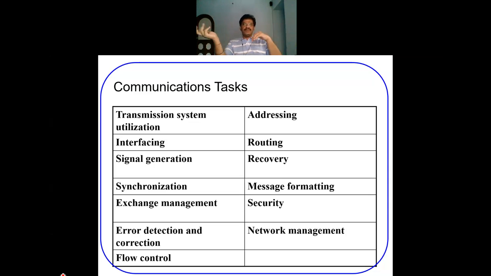There are different types of addresses, but if you provide a physical address to an entity, then the packet can be properly delivered to that specified physical address. Then another important communication task is routing: how the packet gets routed through the communication media.